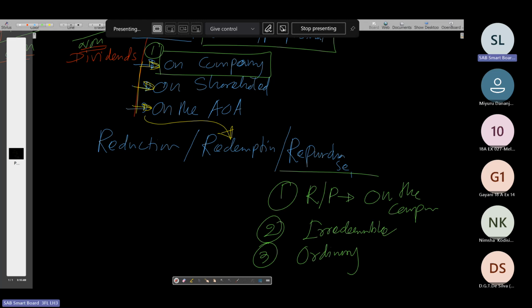Redeemable shares redeemed on the option of the company amount to repurchase. So these three are named repurchase of shares, or buyback.